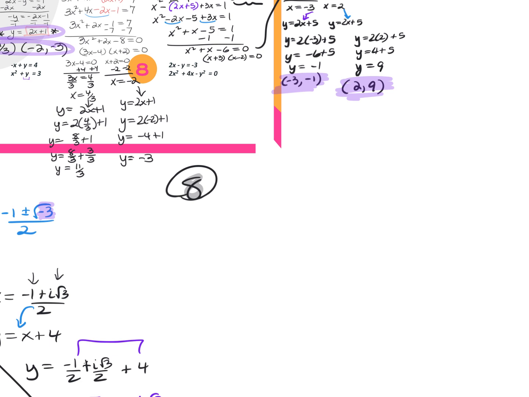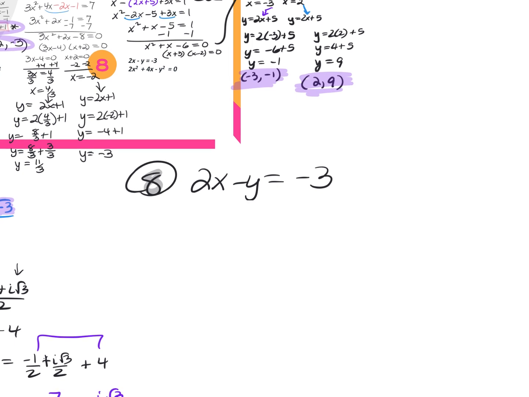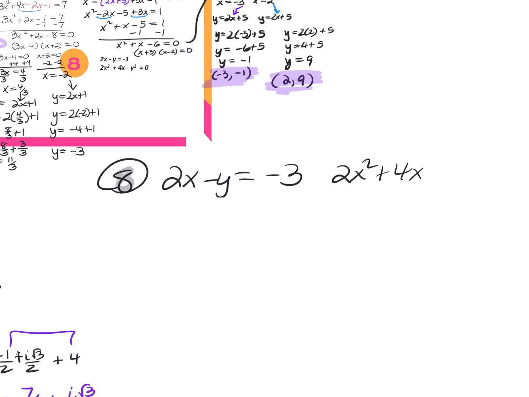So for number 8, I have 2x minus y equals negative 3. And then the other one was 2x squared plus 4x minus y squared equals 0. On this one, I think it's going to be easier to solve for y.